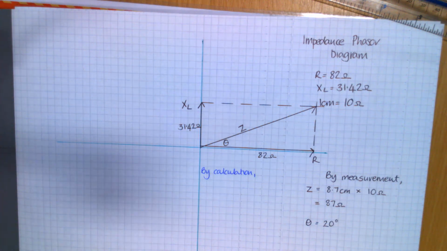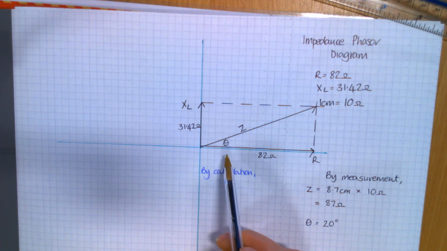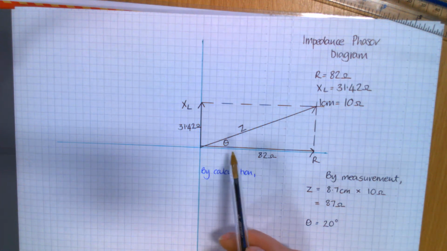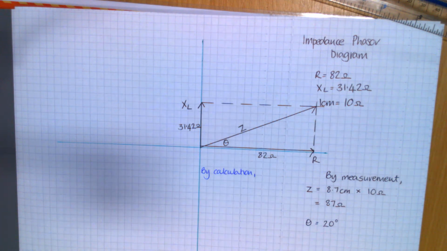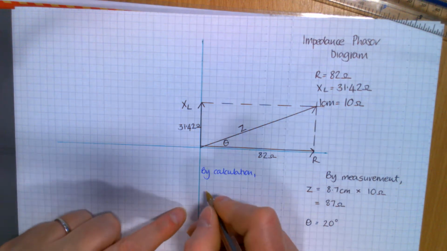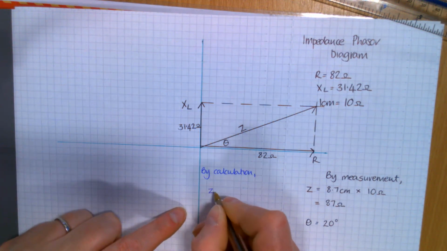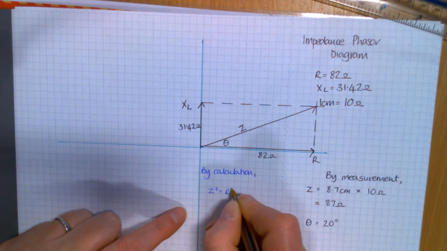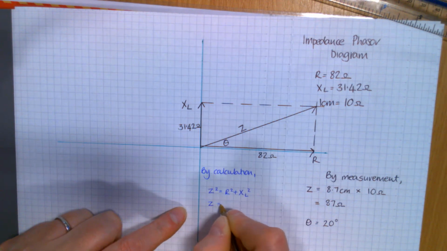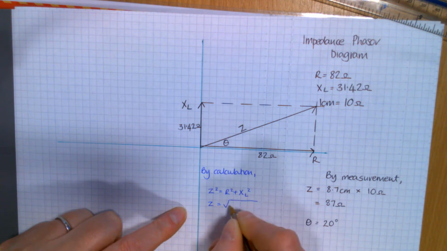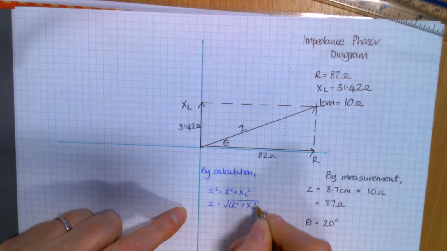The inverse cos of R over Z will get you the phase angle. Right, so for Z you're going to use Pythagoras' theorem. By Pythagoras' theorem, you would know that Z squared equals R squared plus XL squared. So to get Z, you're going to do the square root of R squared plus XL squared.